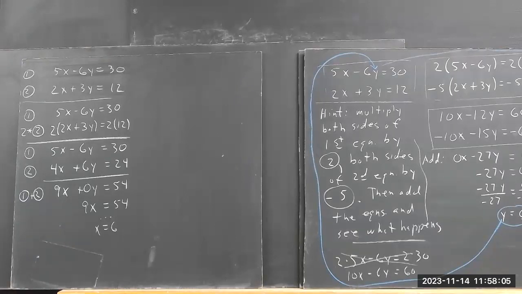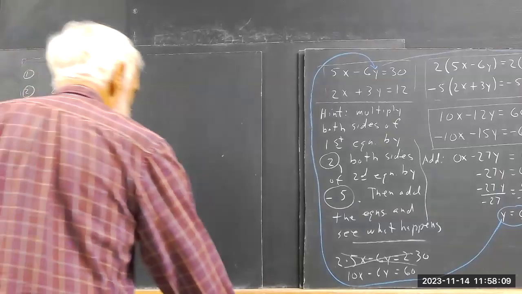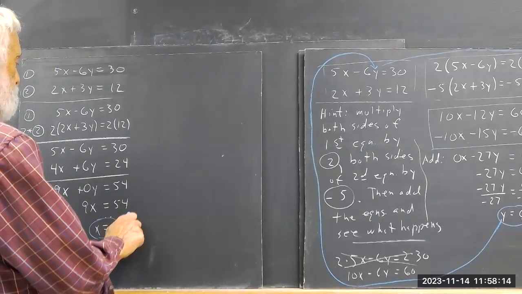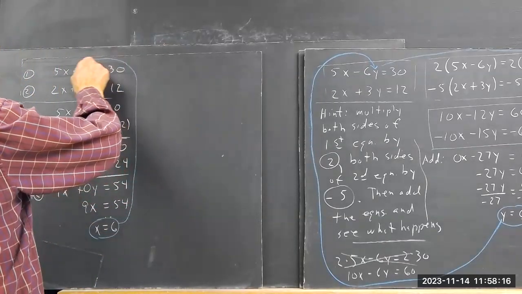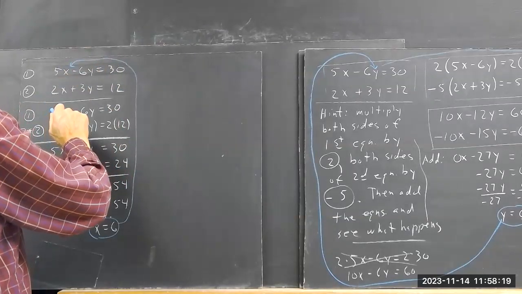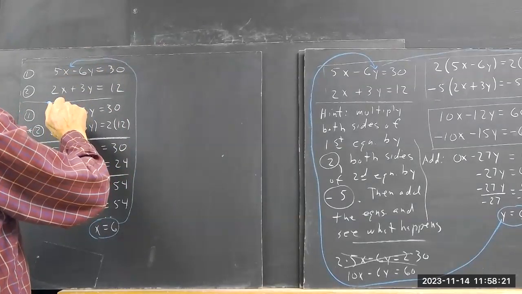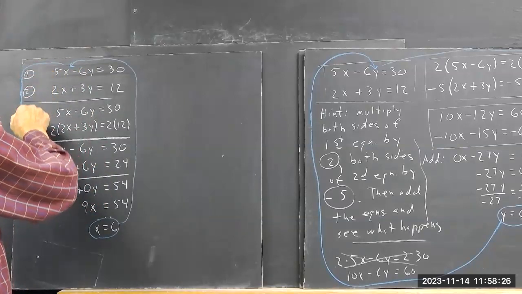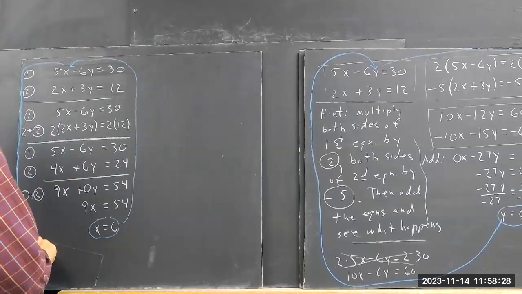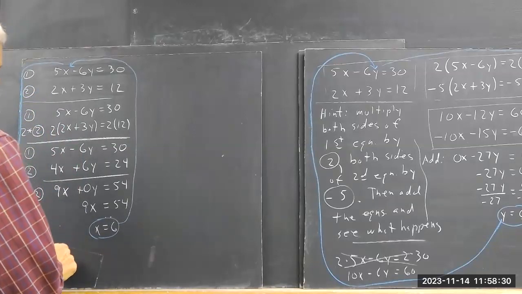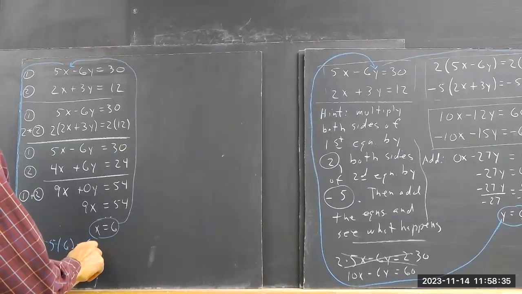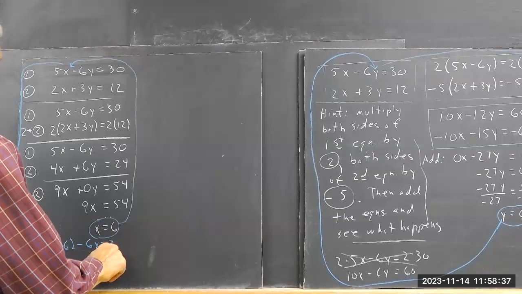Now we plug 6 into one of the equations. Plug in for x, of course. And this gives us the equation five times 6 minus 6y equals 30.